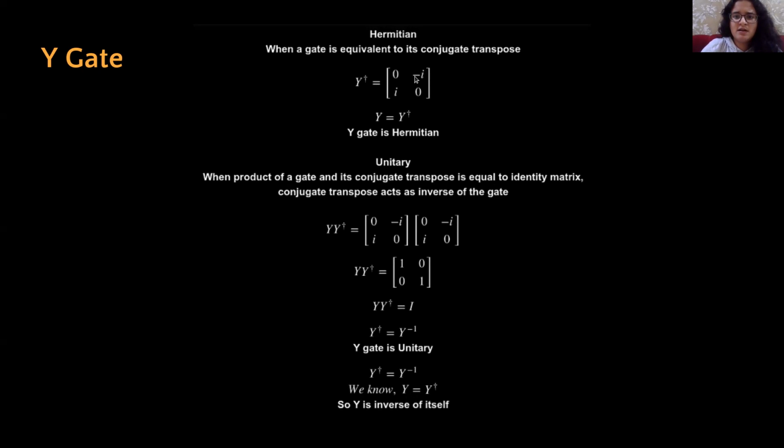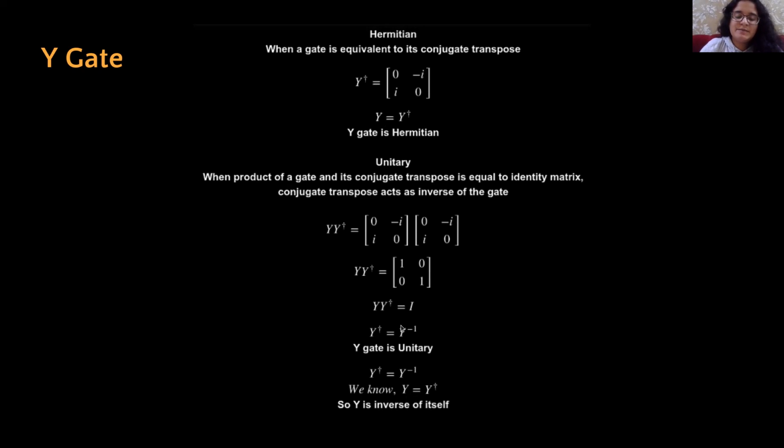So the negative parts change sign, but after taking the transpose, we again get back the Y matrix that we initially had. And because Y is equal to its conjugate transpose, the Y dagger, therefore it's Hermitian. And if we take the product of these two, we get the identity matrix. Therefore, it is unitary.